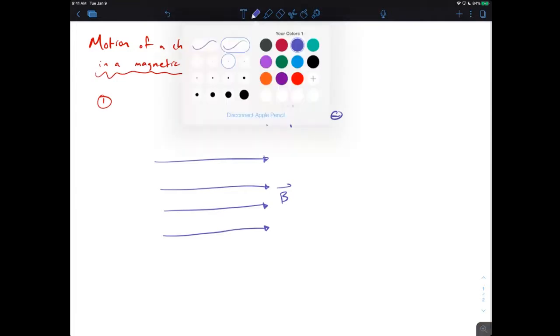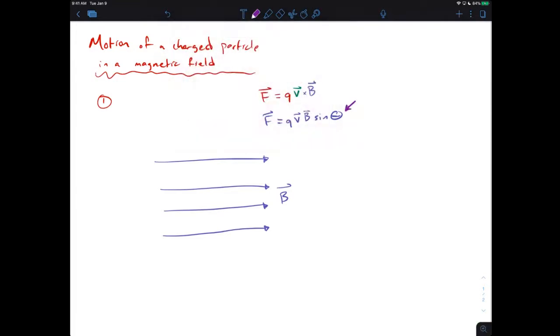So this here, just to make a mark here, this is the angle between my magnetic field and velocity. I'm going to put the velocity direction here.